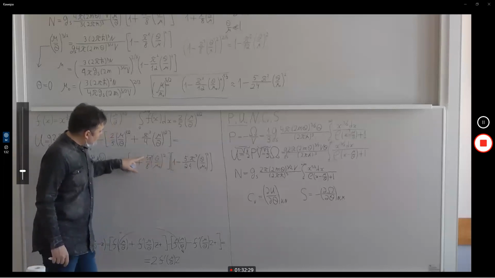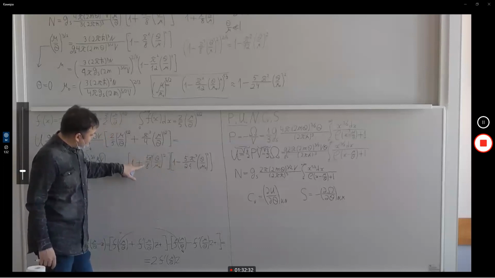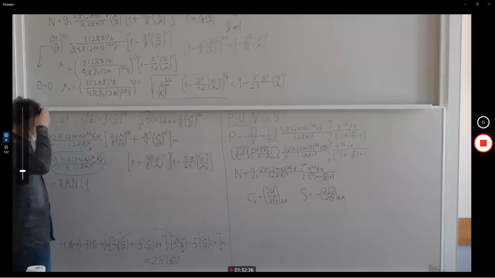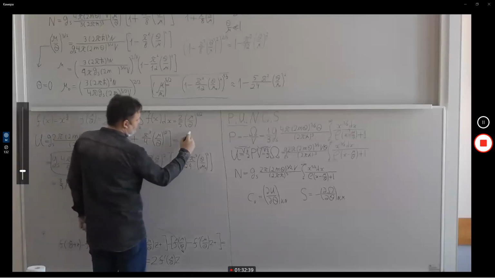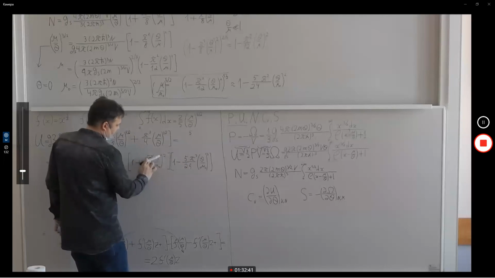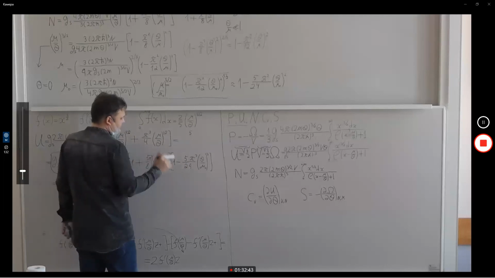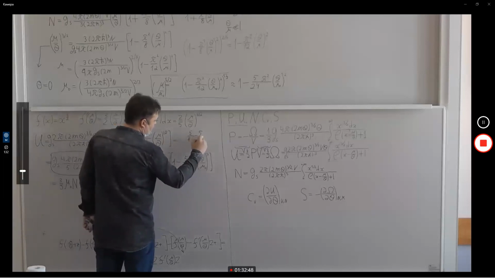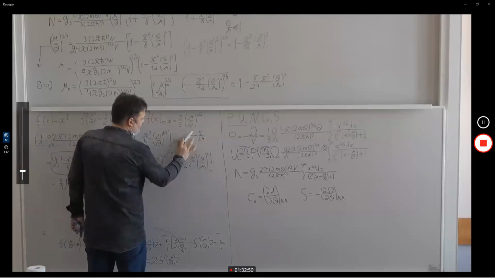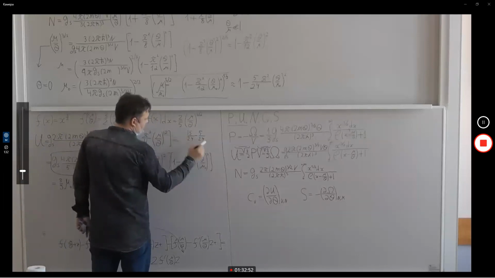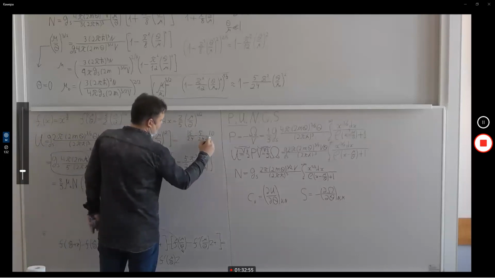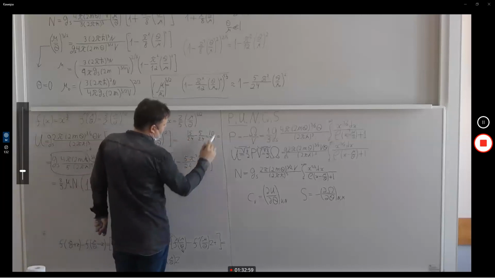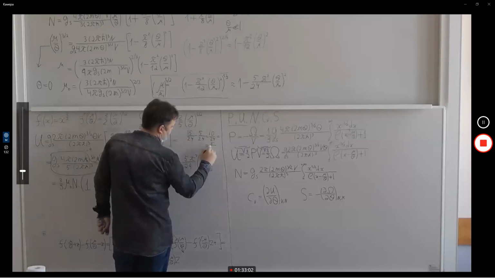And when I combine here, I get 5 over 8 minus 5 over 24. It's 15 minus 5. I compute the coefficient at pi squared theta over mu to the second power: 5 over 8 minus 5 over 24, multiplied by 3 over 5, and here divide by 2.